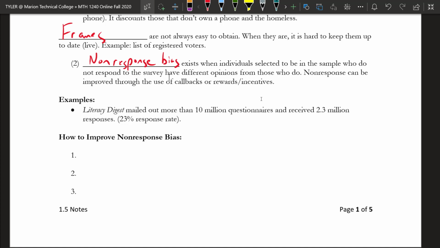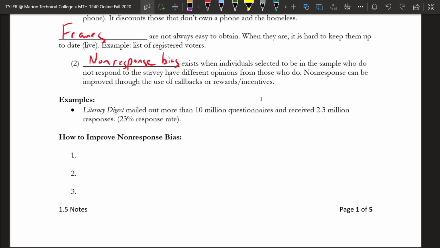So an example from that in the book is it talked about in the Literary Digest that when they were doing that poll for the presidential election in 1936, they sent out more than 10 million questionnaires, and then they only received 2.3 million back.